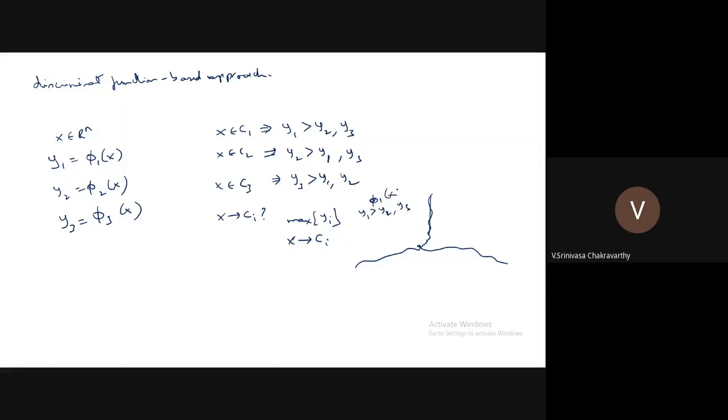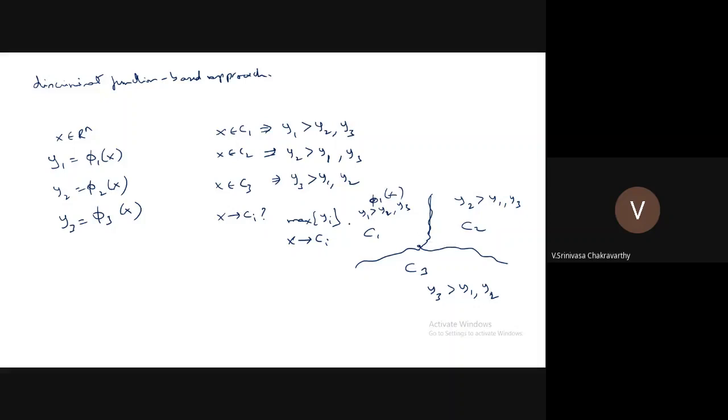This is my phi1 of x region. Here y2 is greater than y1 and y3. Here y3 is greater than the other two. So let us say this condition divides the input space into 3 regions: the class 1 region, class 2 region, and class 3 region. So in principle, it is nice. You can define functions like this.